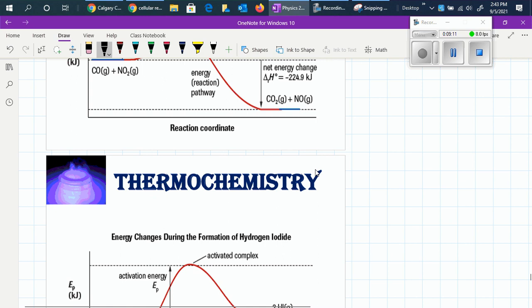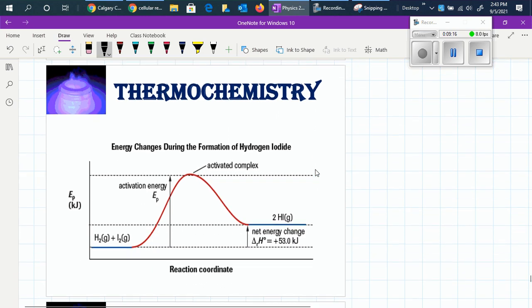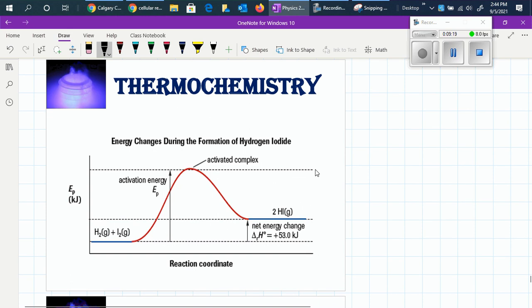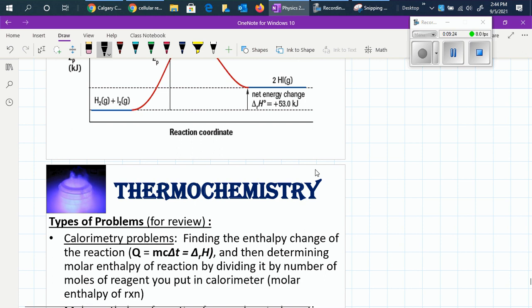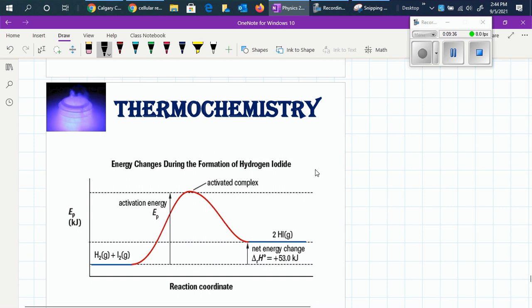It doesn't really matter what the activation energy is, or whether there is a catalyst or not, we always have to look at the final and the initial. So just keep in mind that when we are expressing the energy in the graph, what we did before was just this is the product and this is the reactant.